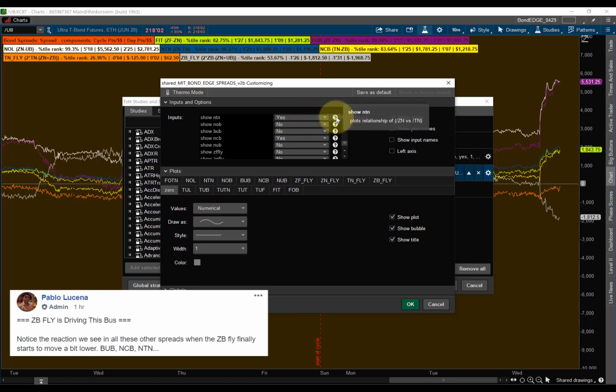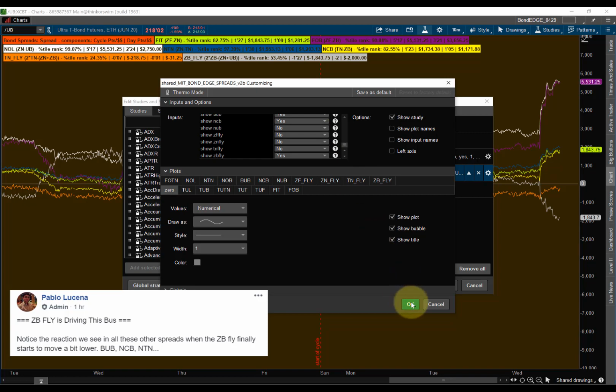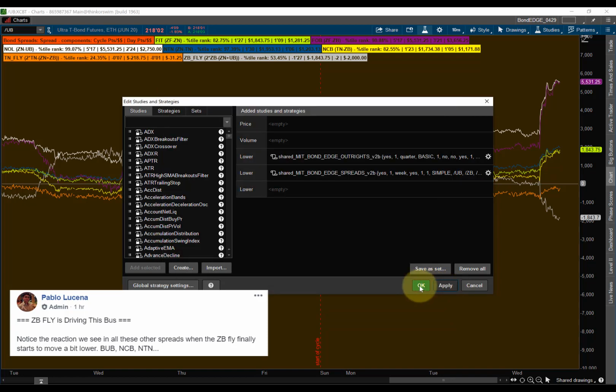Let's go here. You can see this is ZN against TN. And then here, this is TN against ZB. And then the BUB. I'm going to take off everything else besides this specific line because I want everyone to understand. Okay, apply, okay.